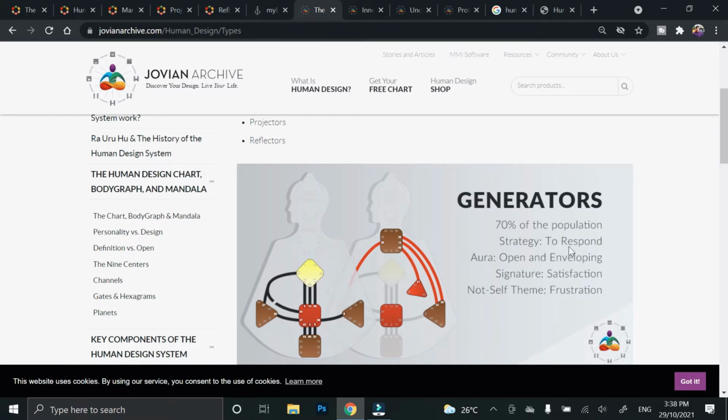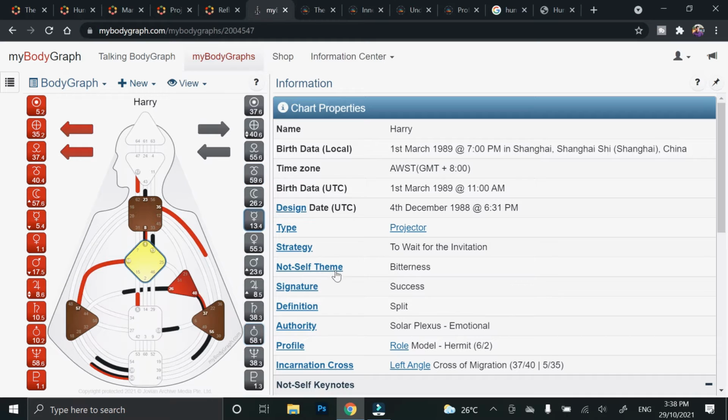It's a tool for helping you reconnect to your own natural and authentic flow. Most of you are already familiar with your strategy, because the moment you key in your details, it will tell you over here. So this person Harry, the strategy is to wait for the invitation because he is a projector.